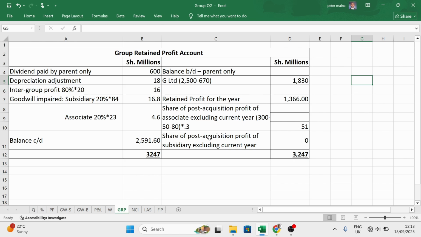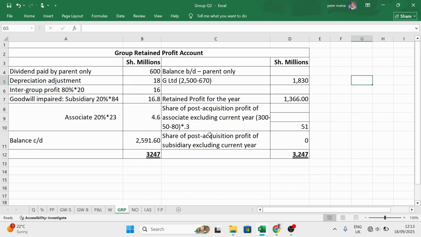From there are two items we are supposed to add. One is share of post-acquisition profit of associate, excluding the current year's profit, because the current year's profit has already been included in this figure of 1366, because we added share of profit from associate for us to arrive at this figure of 1366. So we cannot add it back here again, it will be double counting. So we are supposed to bring post-acquisition profit of associate, not including the current year's profit.